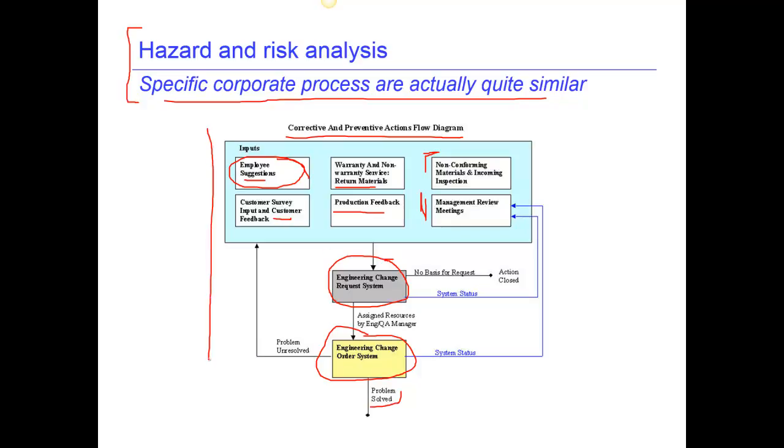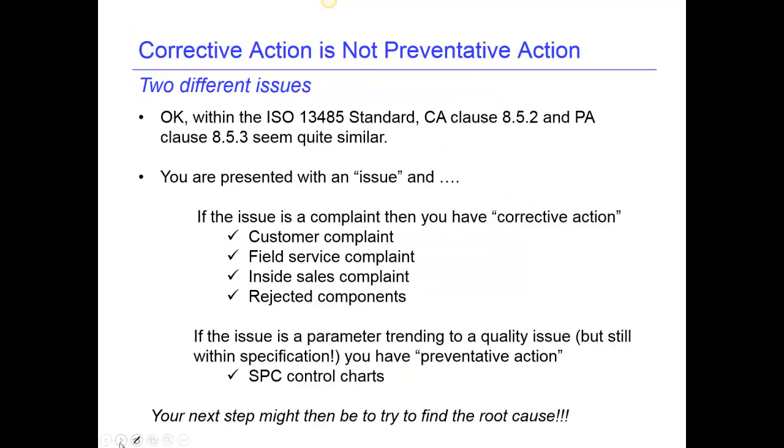It comes from a tutorial that we've talked about before, but it's a nice diagram because the inputs become the key for triggering the process, which is standard in many ways. Most companies are going to have an engineering change request system and a change order system to address the issues that are presumably monitored by management.